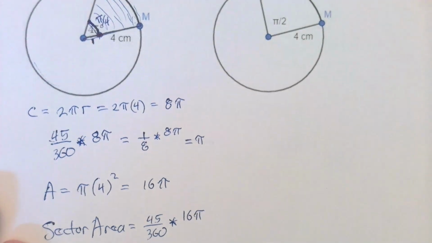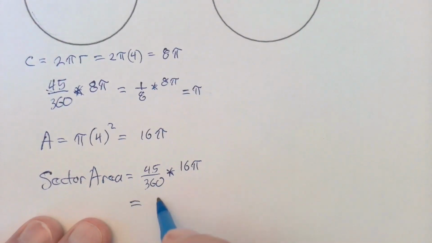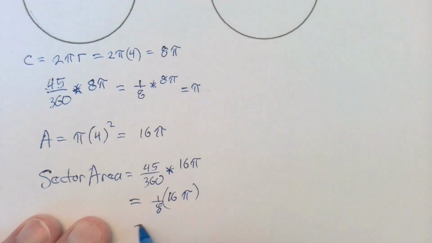I already explained that this is 1/8. So that's 1/8 of 16 pi, and that ends up making 2 pi.